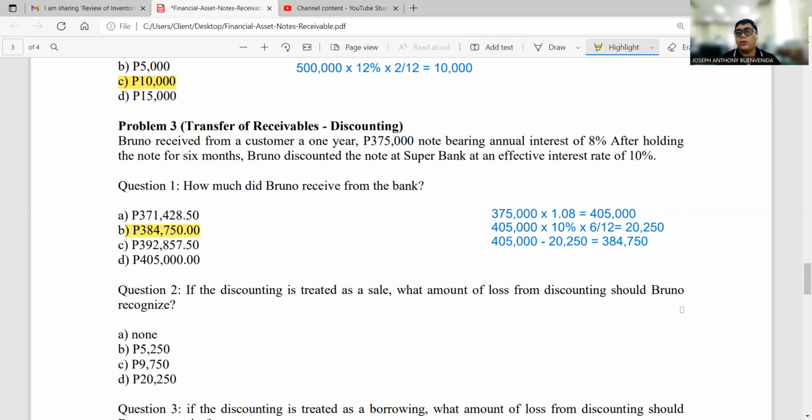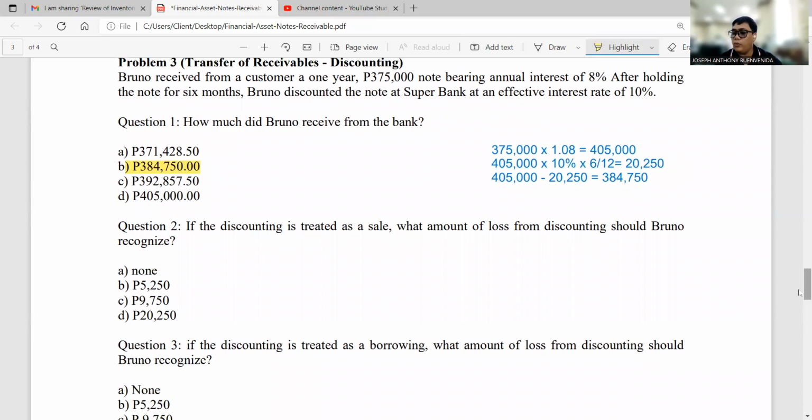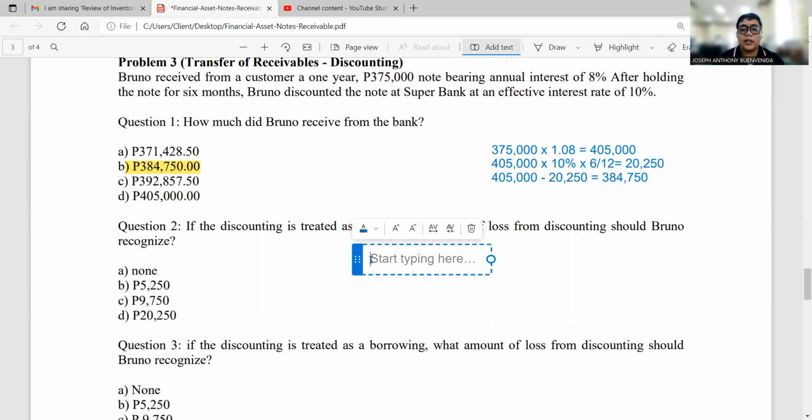Next, question number 2. If the discounting is treated as a sale, what amount of loss from discounting should Bruno recognize? Okay, so ang cash, no? Cash nga na-receive niya from the bank. Cash received from the bank is 384,750.